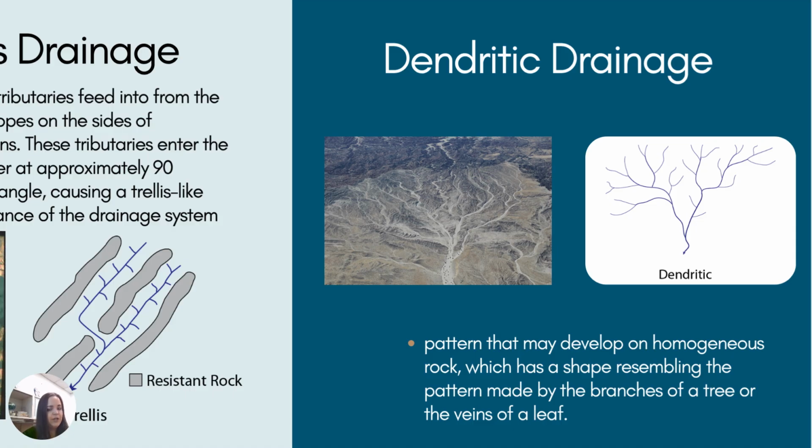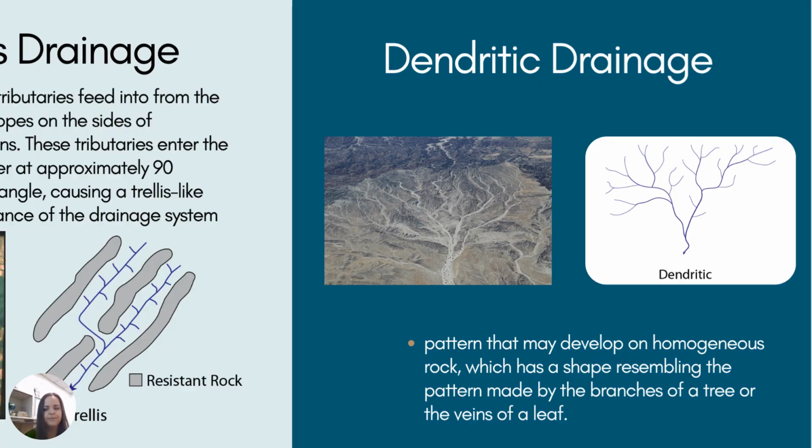And then dendritic drainage is a pattern that develops within something like a homogeneous rock, so a rock that's all the same, which has a shape that resembles a branch of a tree or veins. It's named after the dendrites in the brain because it kind of looks like that, I guess. But the dendritic drainage is something we would see at like a delta at the mouth of a river where it meets the ocean.